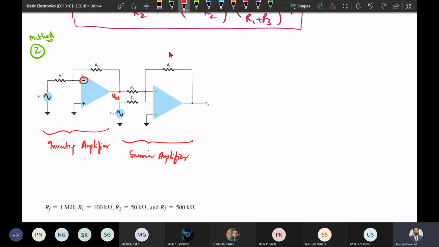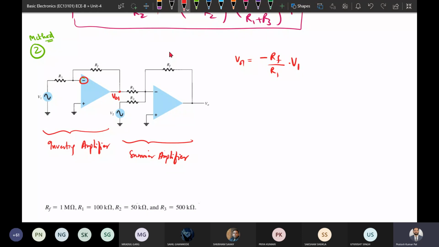So the first step is inverting. With respect to the inverting amplifier case, the output will be RF divided by R1, that is the gain, multiplied by the input V1. So this is our V output 1. Once we have got V output 1, we need to use the summing amplifier case.